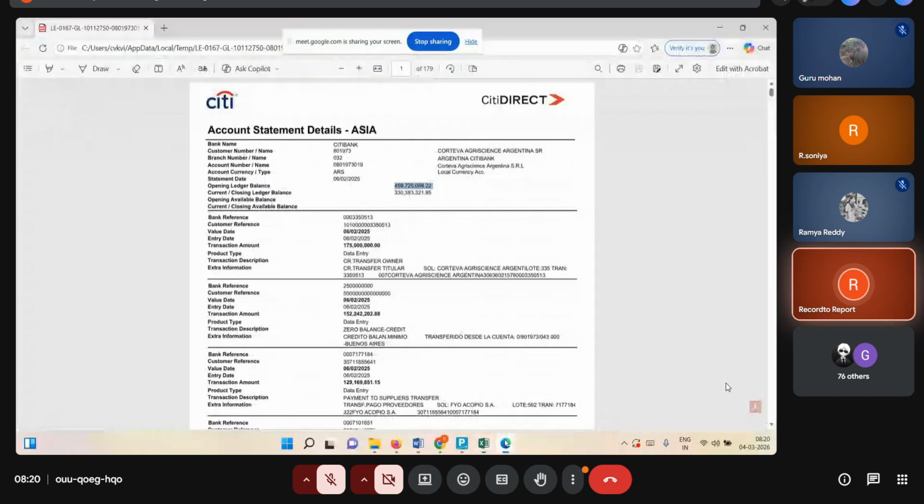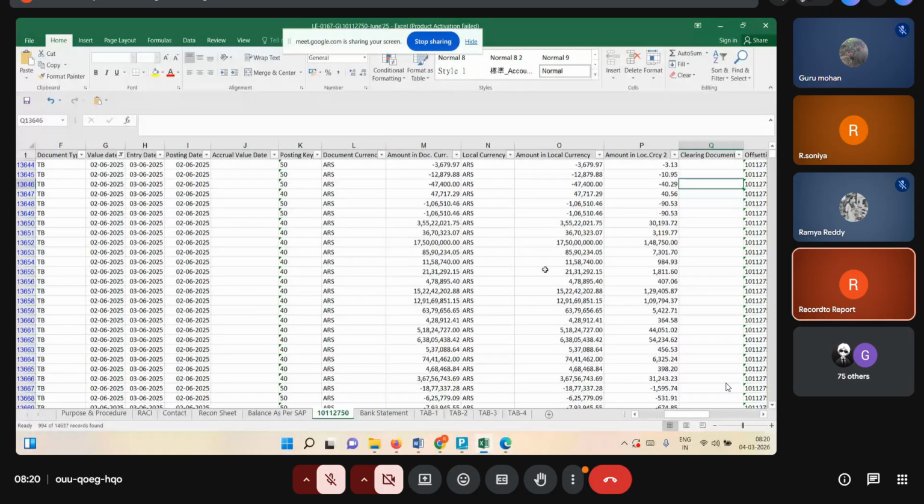So what is the amount that happened here? 17 lakhs, sorry, 70 crores something. Okay. So 1750. So here, can you go and check what is the entry that has been recorded on the GL side?